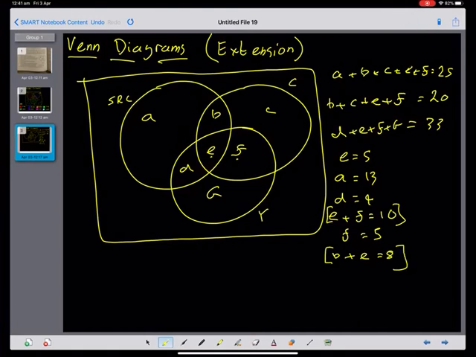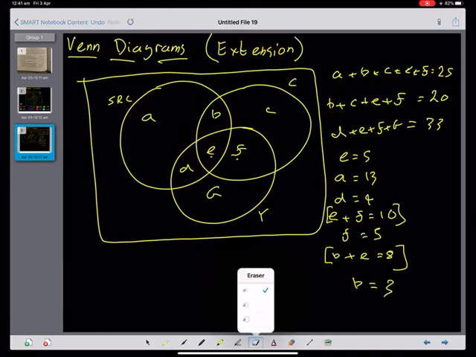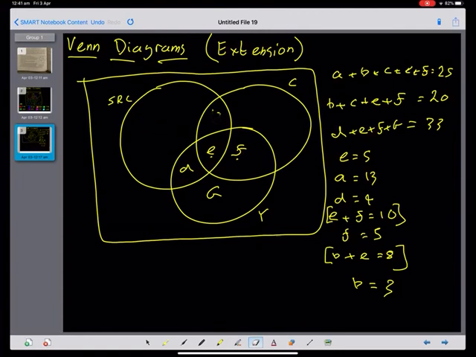We already know that E is equal to 5, so that means B is equal to 3. Okay, now let's populate the table with what we have. So let's scrub these out and let's populate the table.